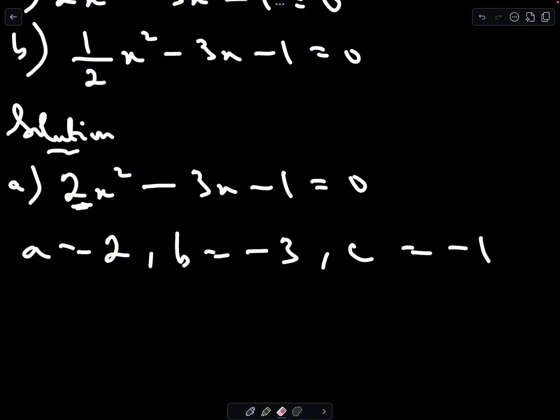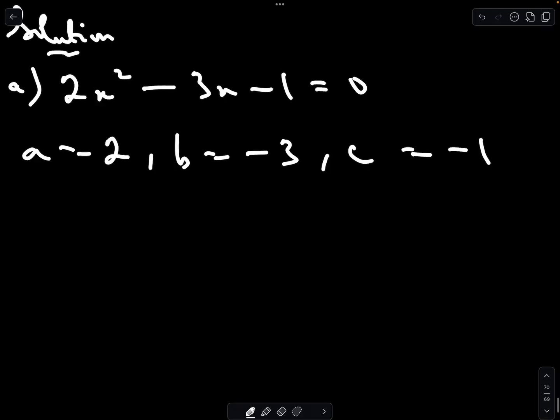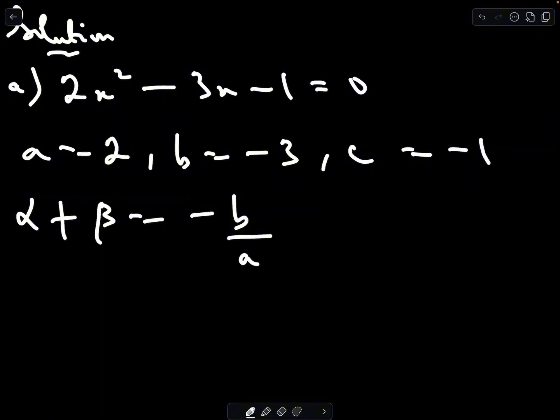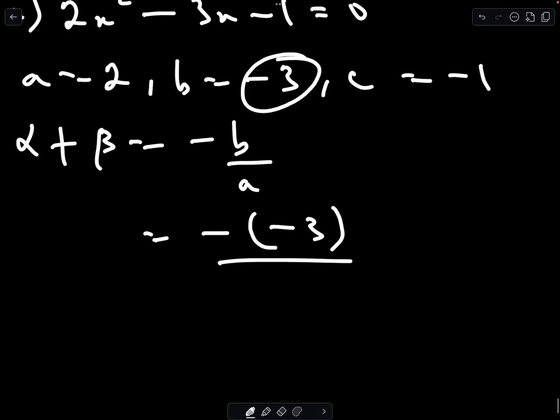Now, let alpha and beta be the roots of the equation. The sum of the roots, alpha plus beta, is minus b over a. And that's equal to minus, b is already a negative value, so you have to remember that, minus into bracket minus 3 over a, which is 2.